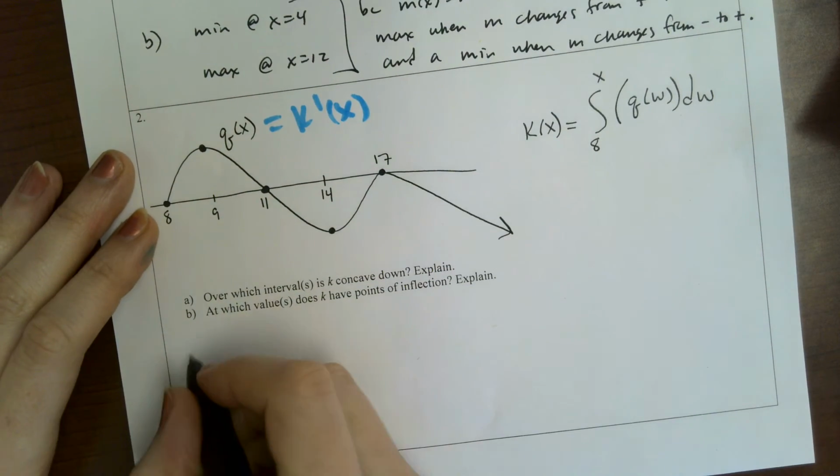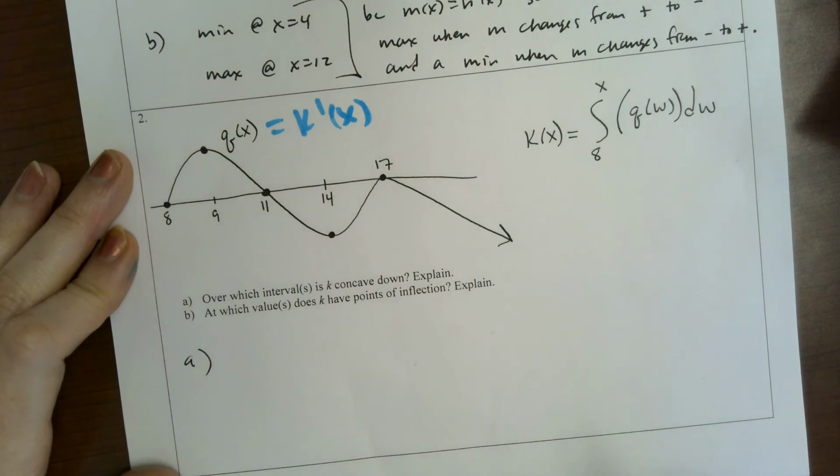All right, so for part A, for which intervals is K concave down?